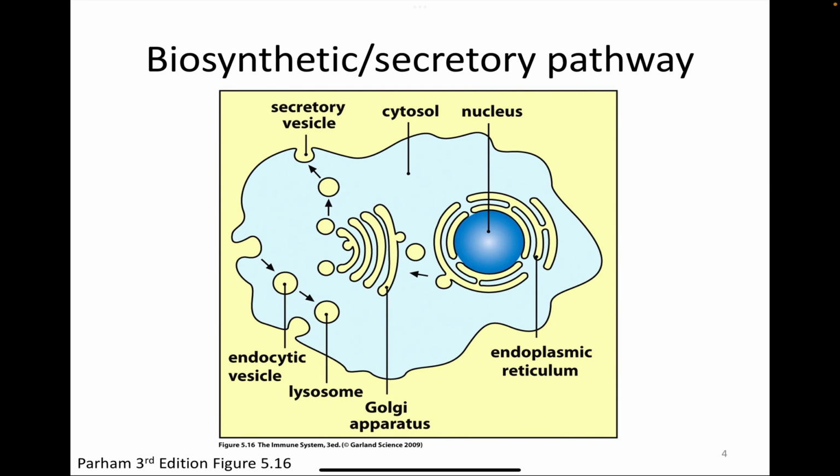We're now going to switch gears to talk about the steps for class 2, and class 2 is really the way that peptides from the yellow areas are getting presented. So things that are in the biosynthetic secretory pathway getting ready to be secreted, or things that have been brought in in some kind of vesicle.